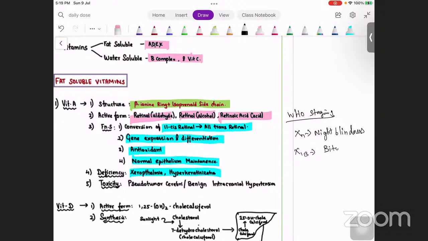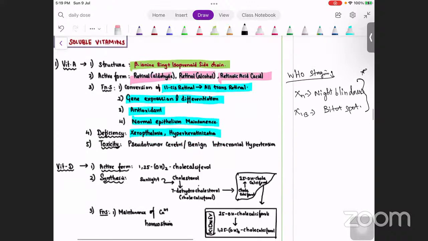Very important MCQ, which is an ophthalmology MCQ, but I am covering it here itself. Night blindness is XN and X1B is Bitot spot. Toxicity could result in benign intracranial hypertension or pseudotumor cerebri.